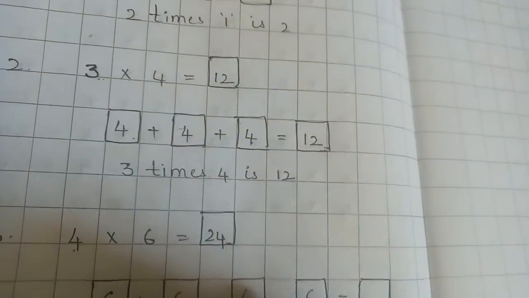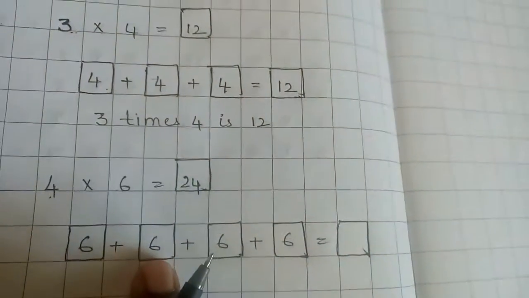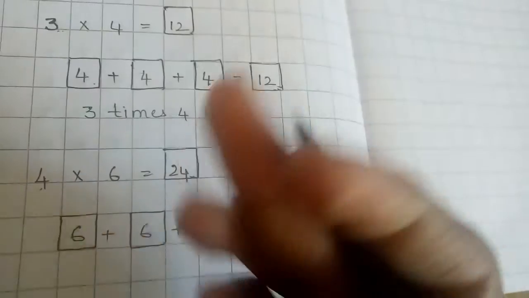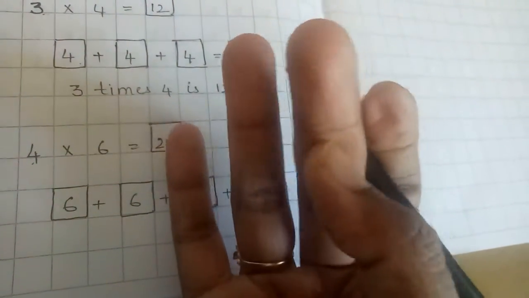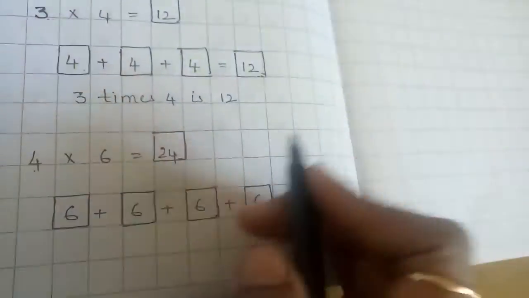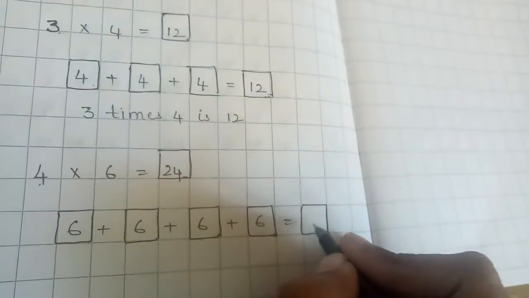Okay. 6 plus 6 plus 6 plus 6. 6 plus 6 is 12. 12 plus 6: after 12, count 6 more: 13, 14, 15, 16, 17, 18. After 18, again 6: 19, 20, 21, 22, 23, 24. Yes, 24.